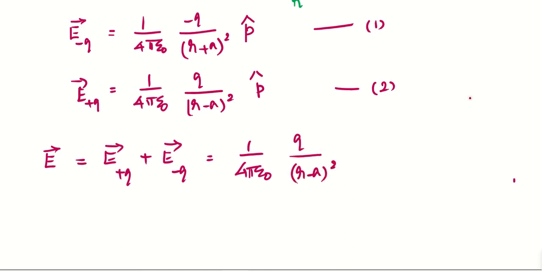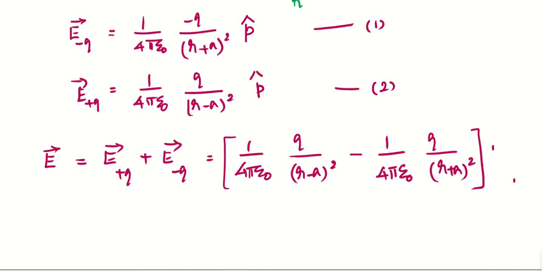Since this is a positive quantity, we write it first, and then the electric field due to the minus q charge, which will be q divided by r plus a whole squared. We write everything in the bracket and then give the vector, because on the left-hand side and right-hand side, both should have the vector notation.